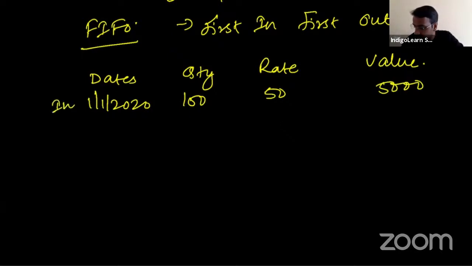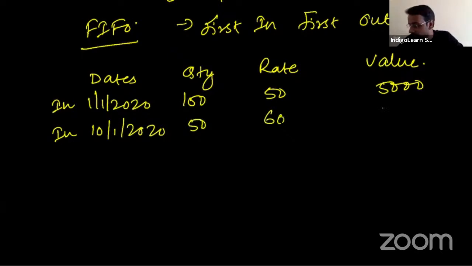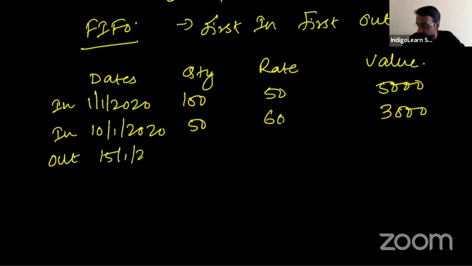Then on, let us say 10th of January 20, you got another 50 units at 60 per unit, this becomes 3000. Then we have to issue certain material, let us say on 15th of January 2020, where we issue 125 units.